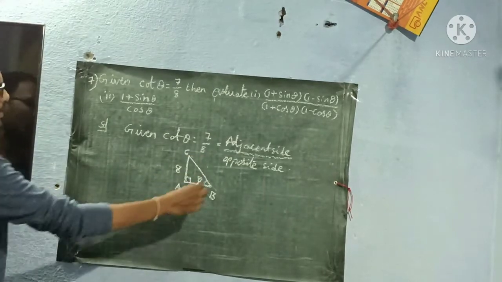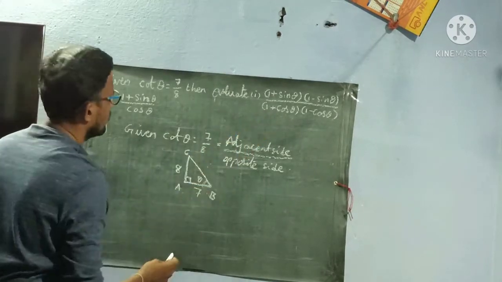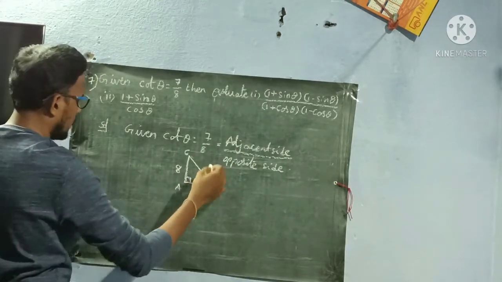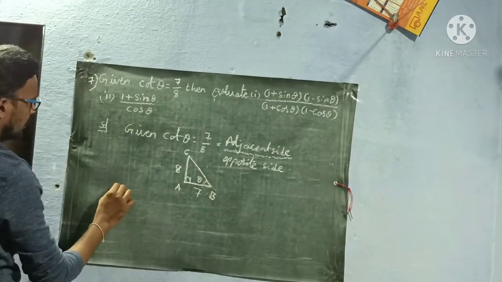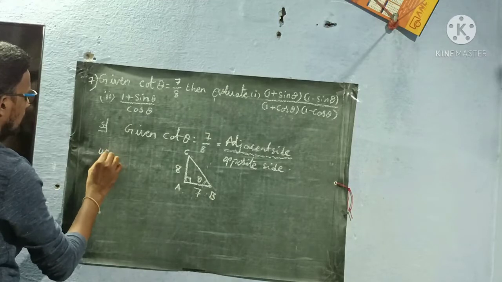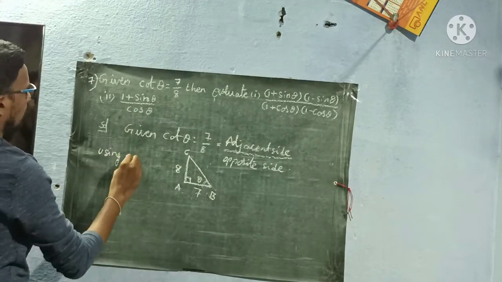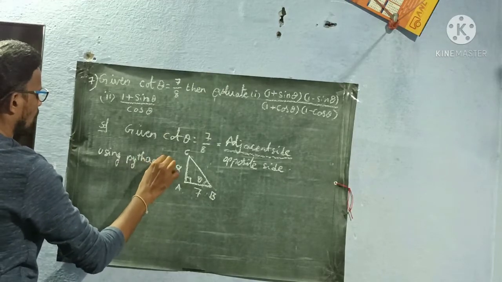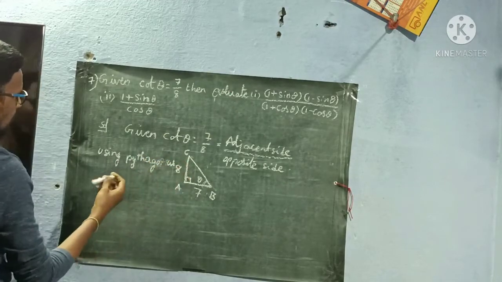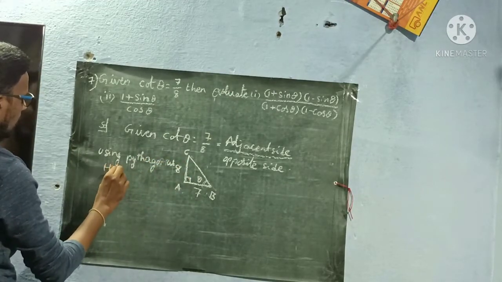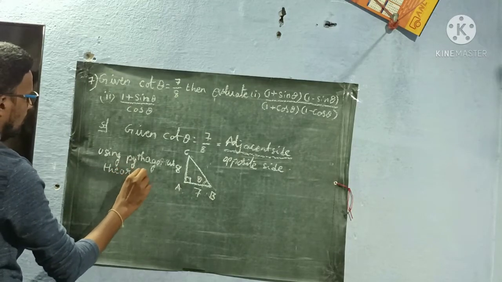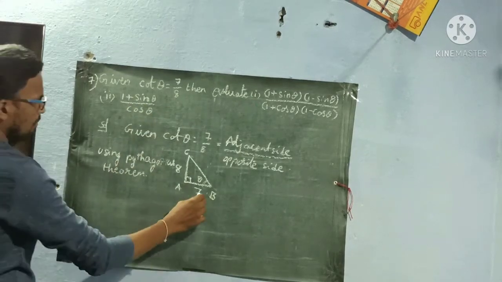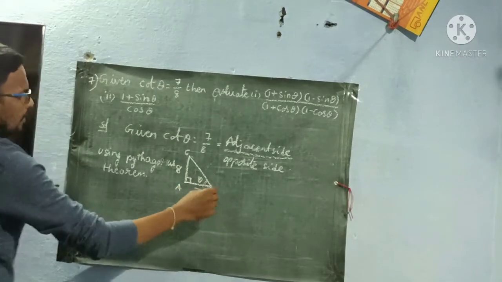So first let us find out the hypotenuse here. How to find it? Using Pythagoras theorem, I can find the hypotenuse here.